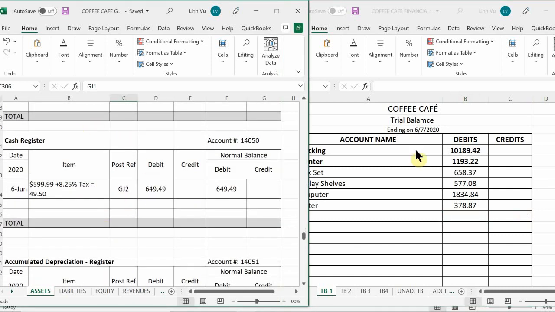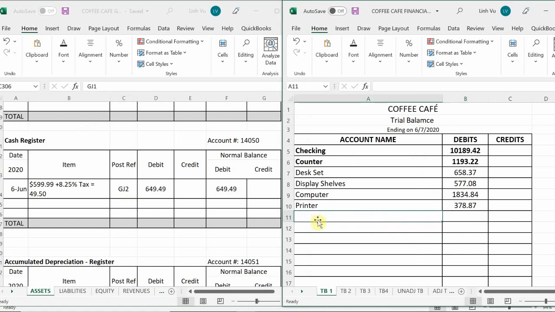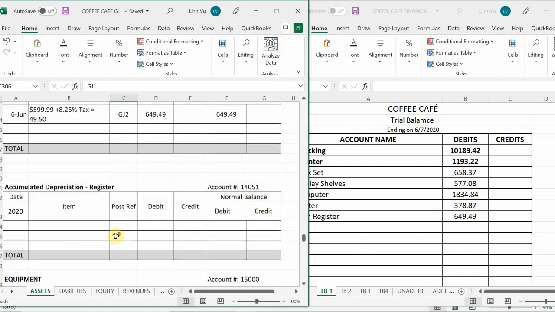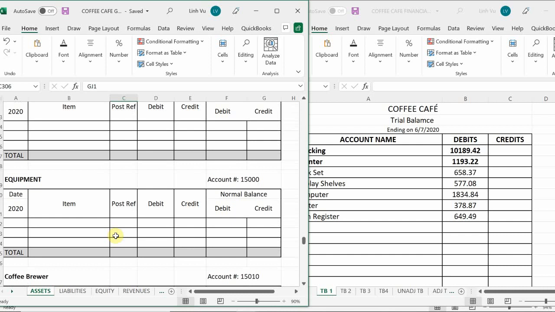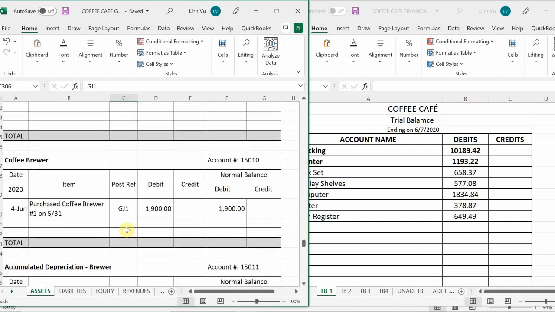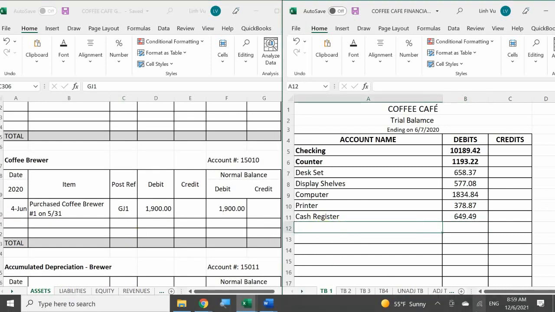We even bought a cash register for $649.49. Okay. Did we buy actual equipment? In this case, when we acquired the business, our first thing that we had here was a coffee brewer.